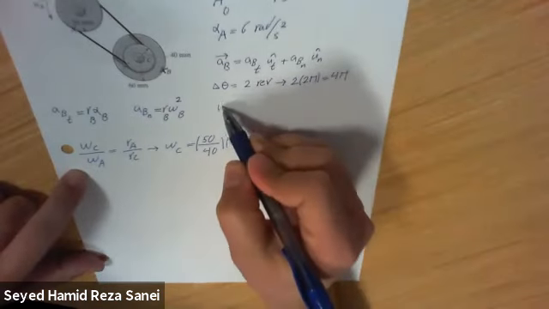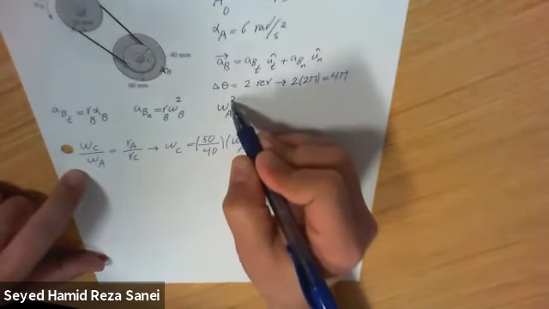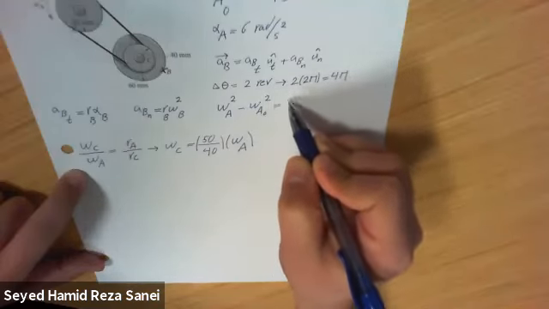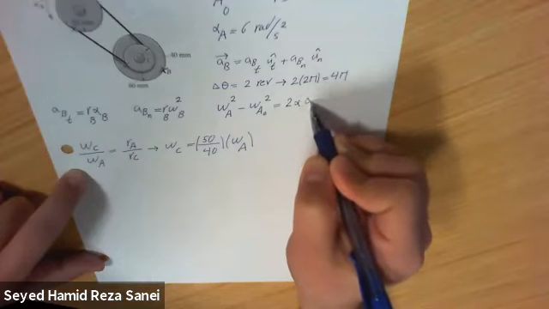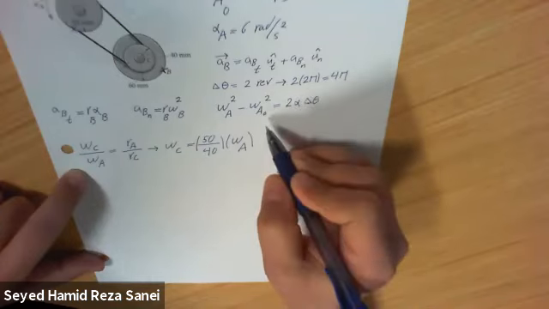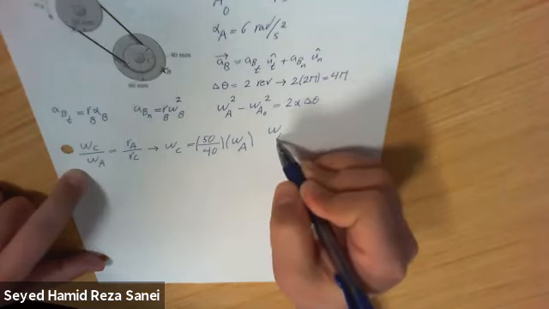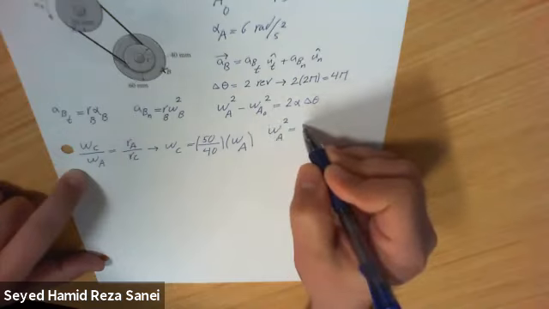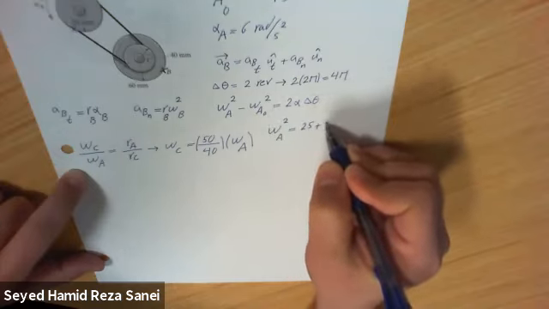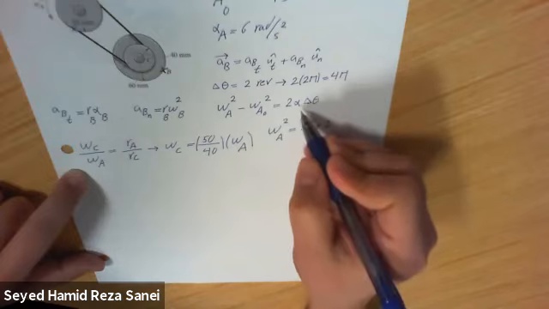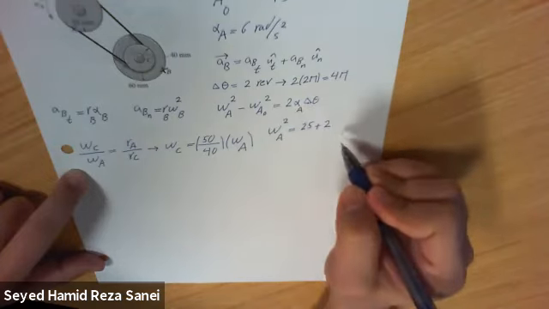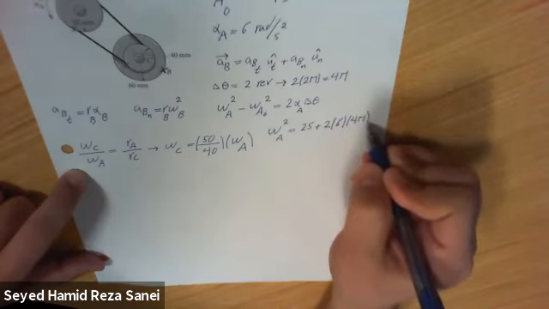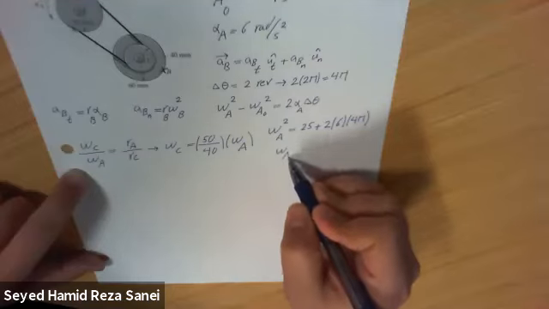So omega A squared minus omega A naught squared would be 2 alpha delta theta. Omega A is what I'm trying to find. Omega A naught squared is 5 squared, 25, plus 2 alpha A, which is 6, times 4 pi.